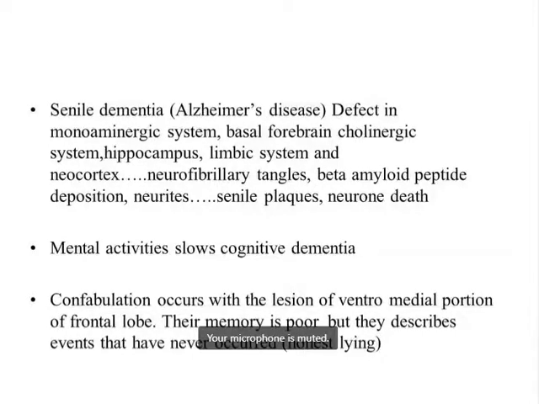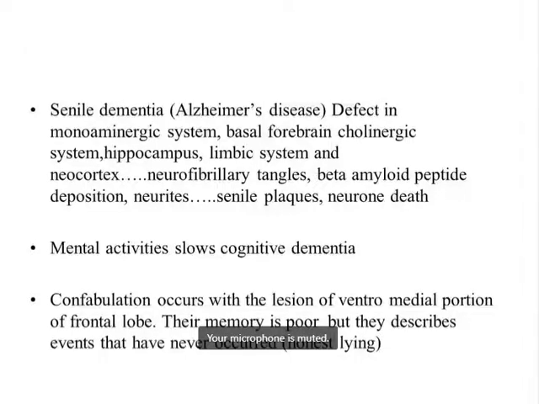The research has shown that, so in Asians Alzheimer's disease is not so common. There is a defect in the monoaminergic system, basal forebrain cholinergic system, hippocampus, limbic system and neocortex, and neurofibrillary tangles, beta amyloid polypeptide deposition, neurites and senile plaques. Those are the things we see in histology. Neuron death will be there, mental activity slows, cognitive dementia will be there.